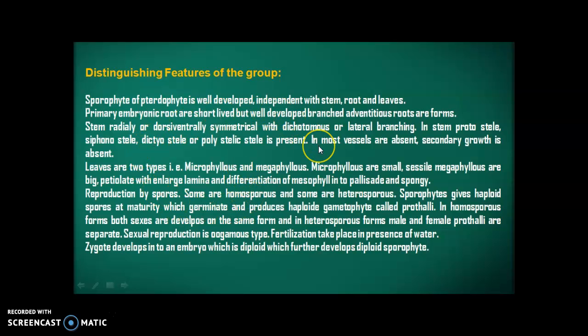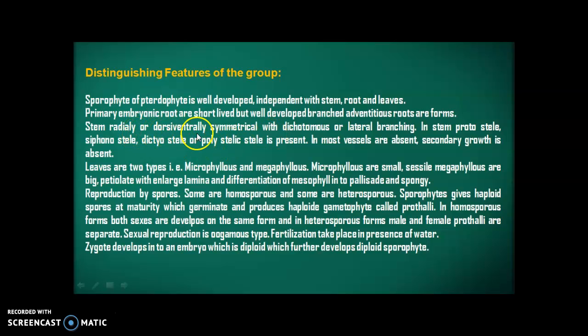Now we will see the distinguishing features of the group. As I said, the sporophyte is well developed. The plant we see is a sporophyte. Independent means photosynthetic. It has stem, root and leaves. The primary embryonic root is very short-lived, but later on adventitious branched roots are developed from the rhizome.